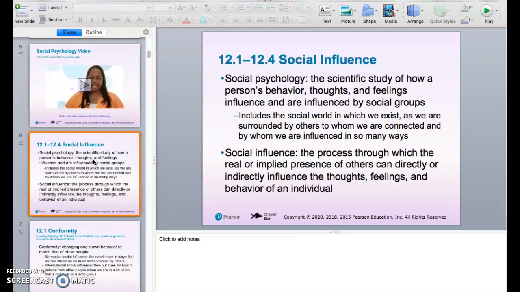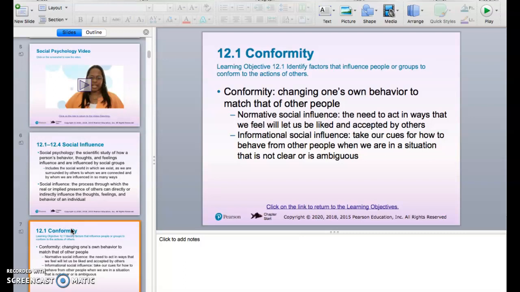The first thing that we're going to look at is conformity, and that's basically someone trying to change your behavior or change your opinion or thoughts. But it could be very subtle and it could be more overt. Normative social influence is what happens when we feel like we need to do something to fit in.